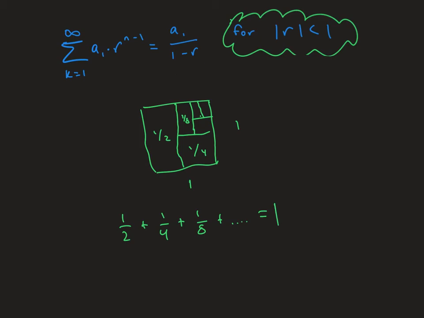And we can show this because let's use our little formula. A sub 1 equals 1/2 and r equals 1/2. So 1/2 over 1 minus 1/2 equals 1/2 over 1/2, which equals 1. So our formula is right.